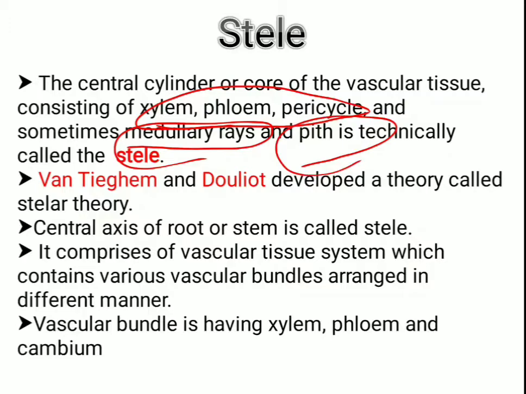Xylem and phloem are surrounded by one cycle, the pericycle. And medullary rays are mostly present between two rows of xylem.